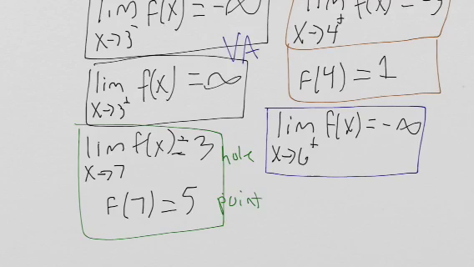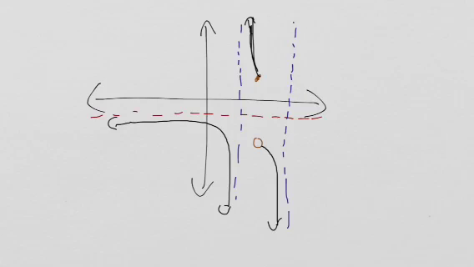So at (7, 3), we are going to have a hole. We'll just put it right here. Okay, but then where the point is actually going to be is at (7, 5). So the graph is going to be connected to this part, and then it's going to jump up here.